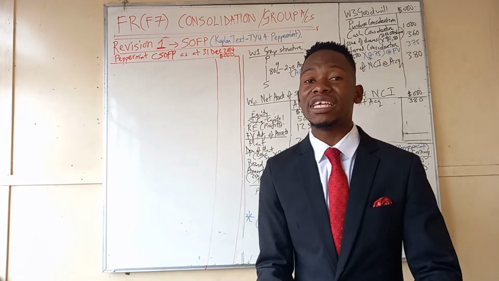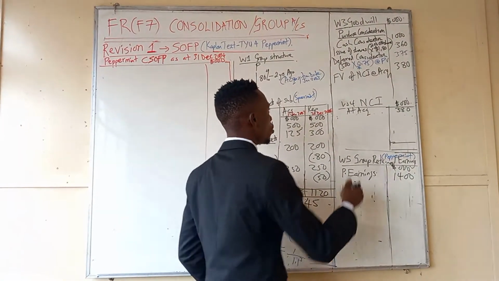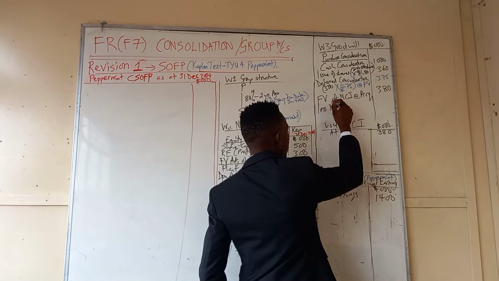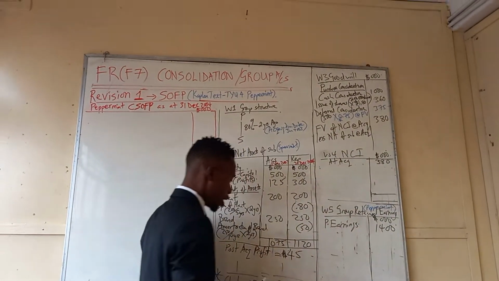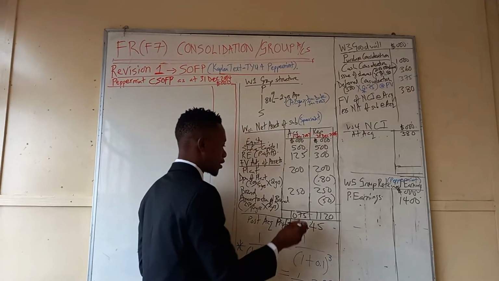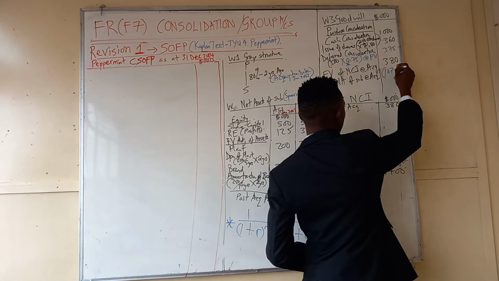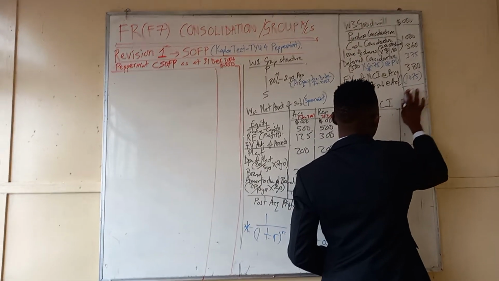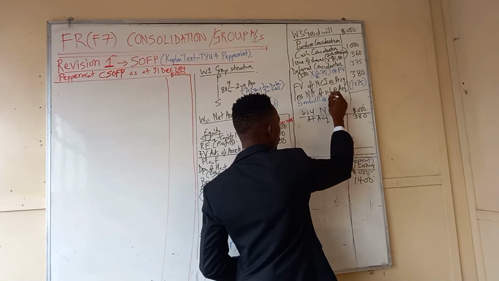So we need to know the extra amount that you paid when you acquired the company. So you say less the net assets of the subsidiary at the date of acquisition. As you can see, the net assets at acquisition is 1075. So I have to deduct 1075, and then I will get the goodwill at acquisition.